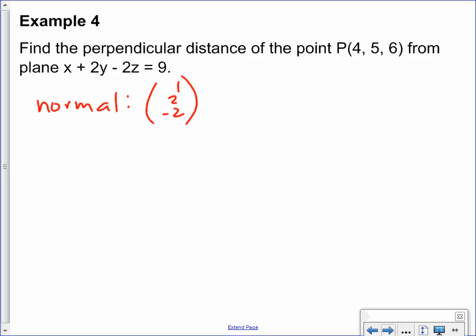So your normal is like your direction vector.